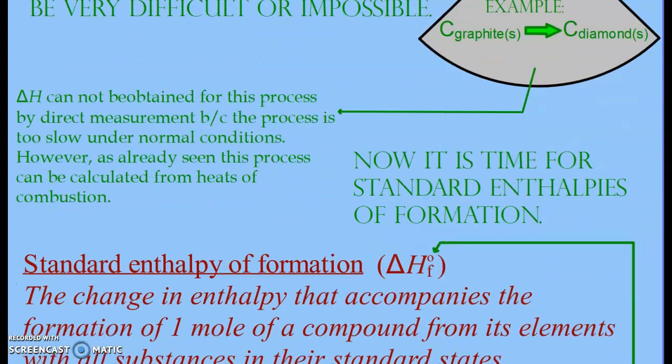Now we're looking at these reactions. Some other things you have to think about is that sometimes it's hard to measure these directly, and that's why we can use this.